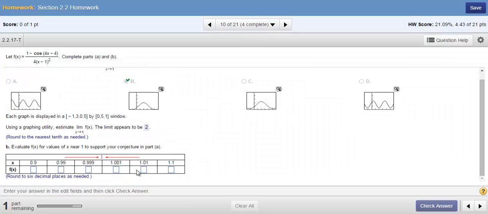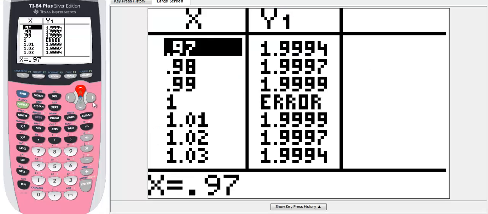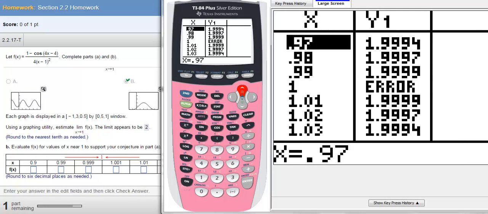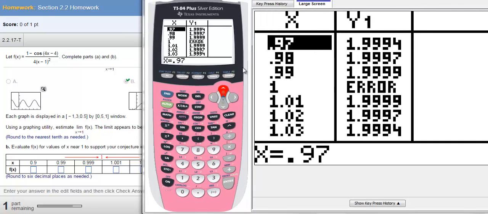Alright, and so now it's going to want you to do these. So notice how you've got these numbers here. What you could do is make that table like this. Mine's a little different.